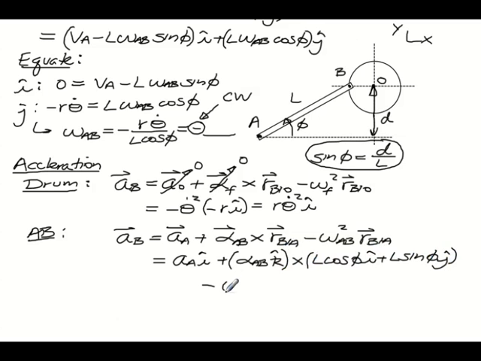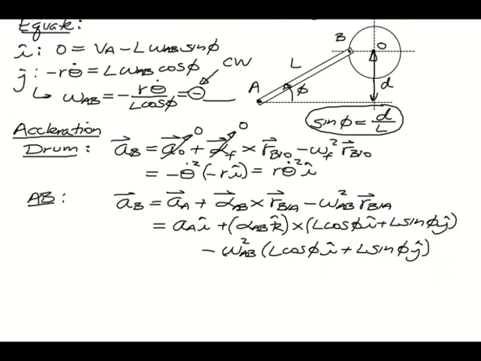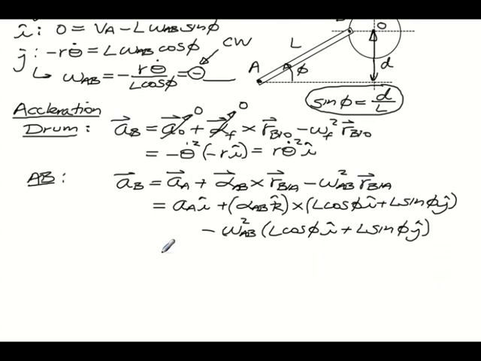Same thing here, I get omega AB, which we've already found, that's squared, times L cosine phi i plus L sine phi in the j. So I cross through my alpha and R, I group together my terms.